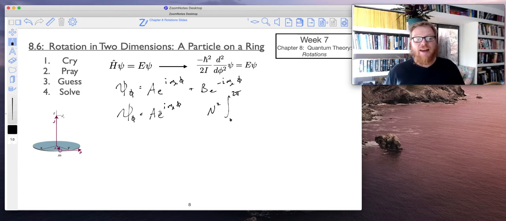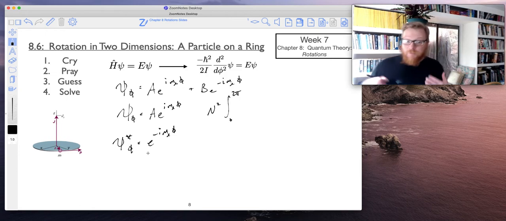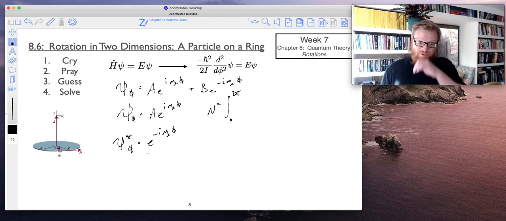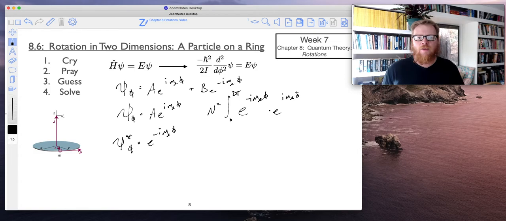Now we have to remember, because that has an i in it, my psi star has a negative ml phi. That's really important, so I have to consider that conjugate because we're dealing with i's. So when I plug these in, it's going to be e to the negative i ml phi, I'll do the conjugate first, times e to the i ml phi, d phi, and that all has to equal 1.